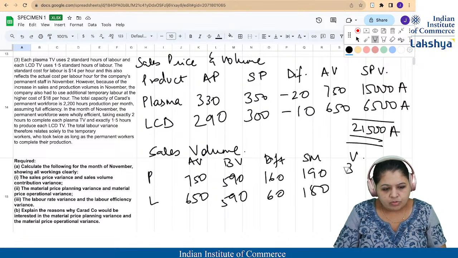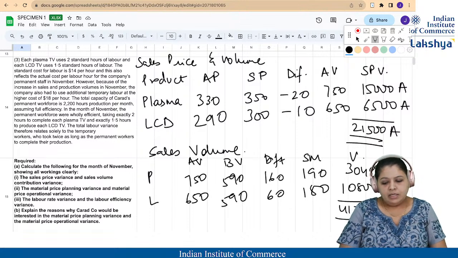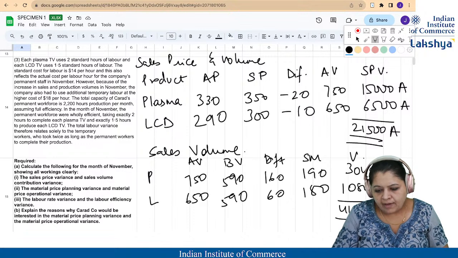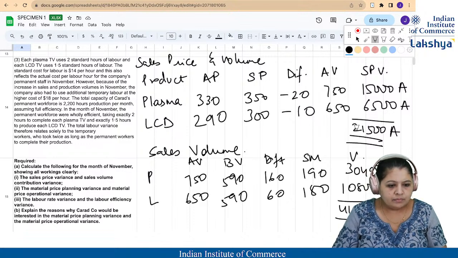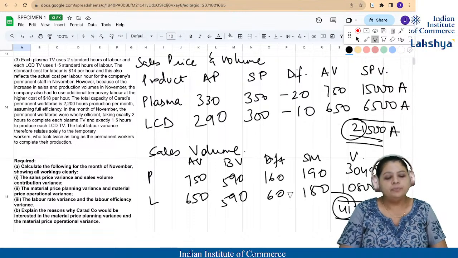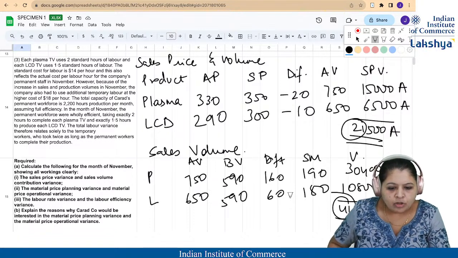Your variance comes to 30400 favorable and 10800 favorable, bringing it to 41200 favorable, right? So what you have got is an adverse price and a favorable volume. That is all about a simple one, which is your sales price.